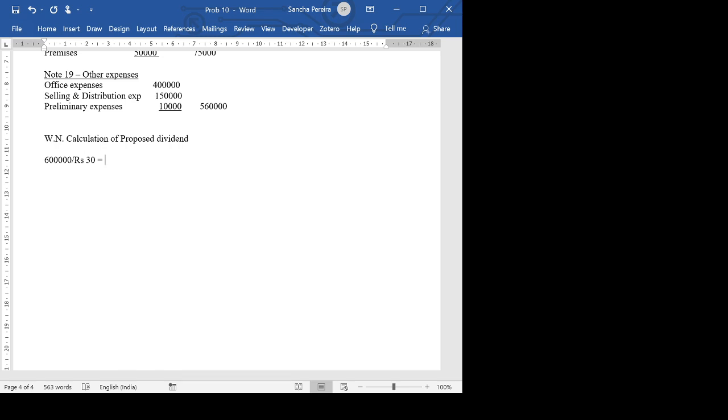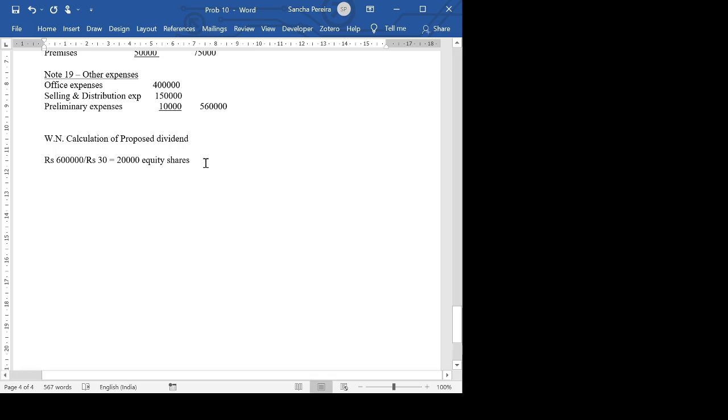If you divide 6 lakhs by 30, you will get 20,000 equity shares. So that means 20,000 equity shares have been bought, but only 30 rupees has been paid.